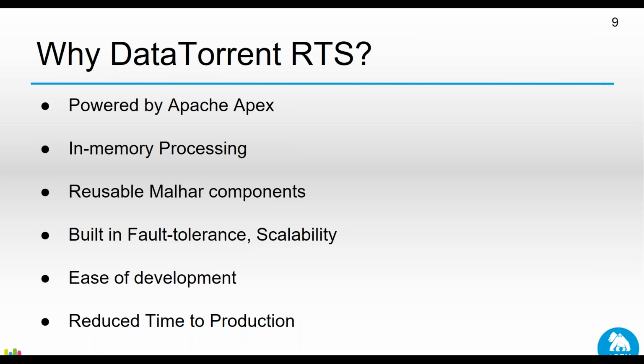For each of these operators, there's a concept of windowing where we checkpoint the data for the defined windows for each operator, and then we commit that data. So if some node goes down on the Hadoop cluster, or your application crashes for whatever reason, Apex would bring it back from the last committed state.